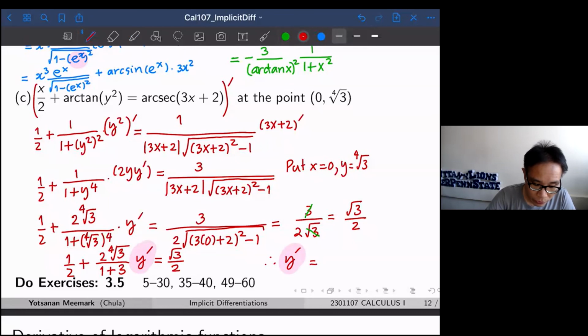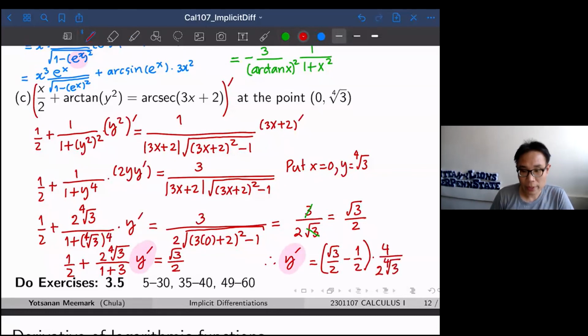You need to have root 3 over 2 minus 1 over 2, and you multiply this one by 4 over 2 times the fourth root of 3, okay, so in this case you see that the 4 cancels with the whole thing here, so it will be just root 3 minus 1 over the fourth root of 3.